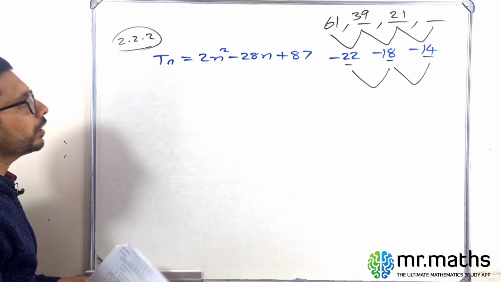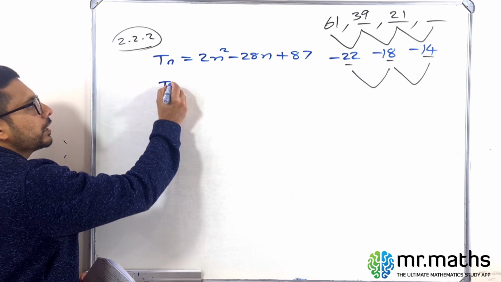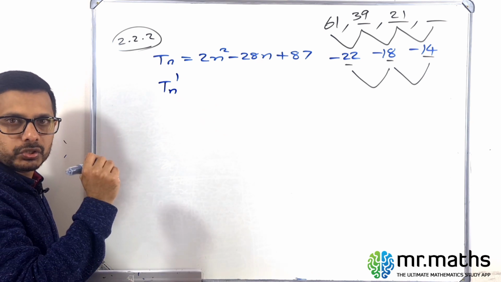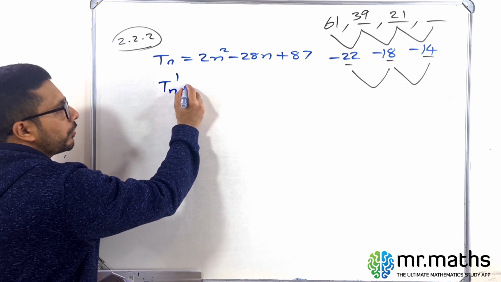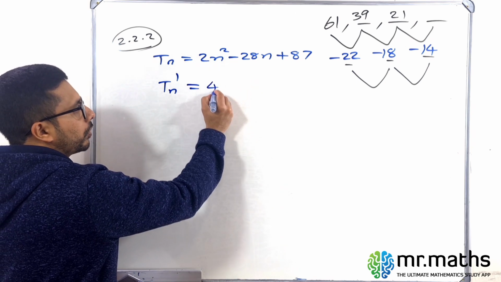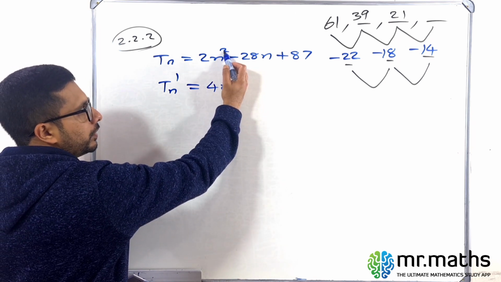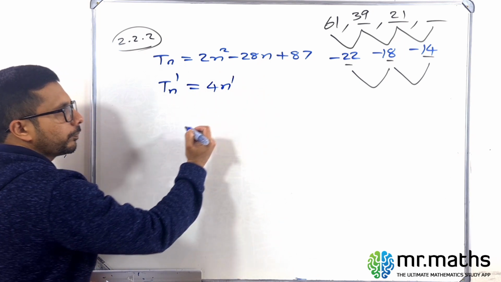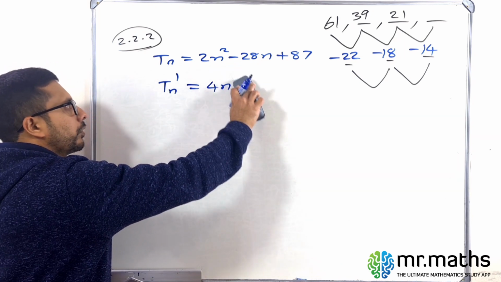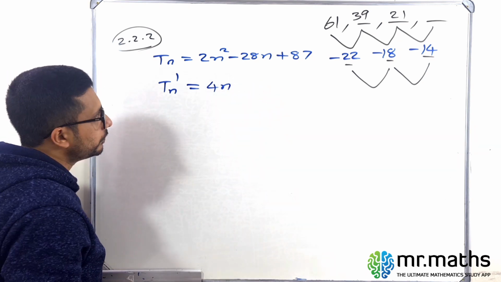First of all, I have to find the derivative of this expression, Tn dash, the first derivative. I hope you know this one. 2 times 2 is 4, n, 1 less than this power 2, that is 1. So 4n raised to 1 is the same as n. There is no need to write that there.